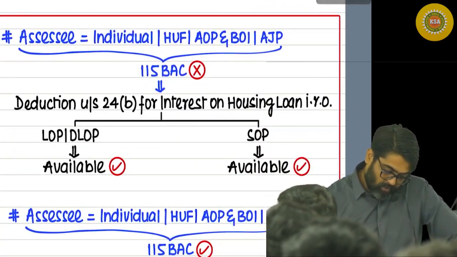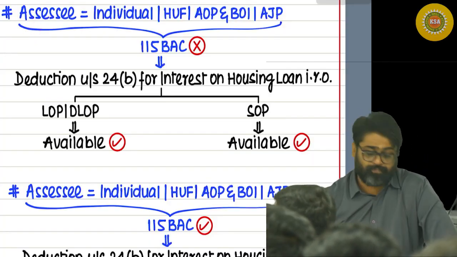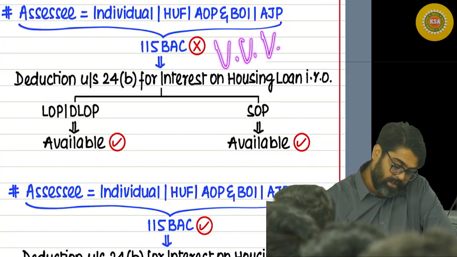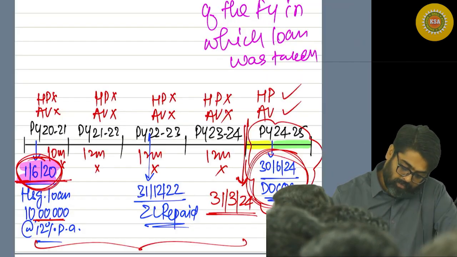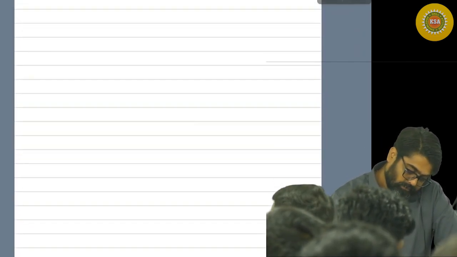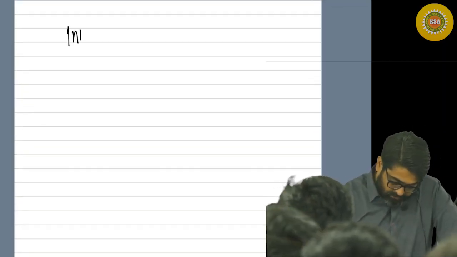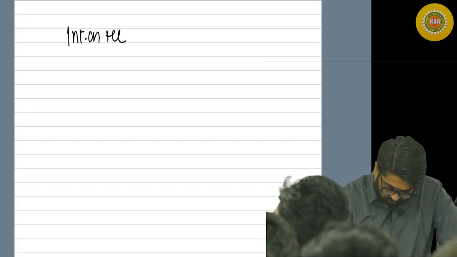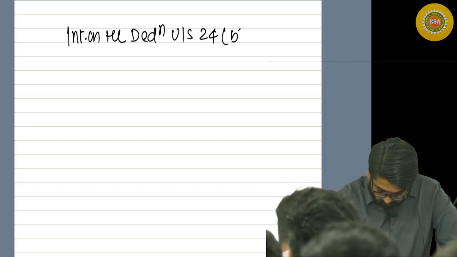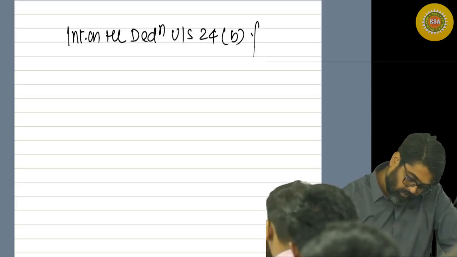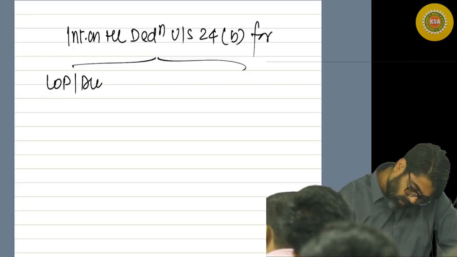Okay. Now see, this is VVVVIP. Very, very, very, very, very important. Now, do you remember one thing, that interest on housing loan deduction under section 24B for LOP or DLOP?